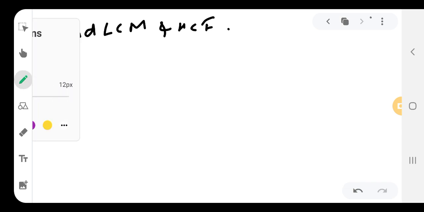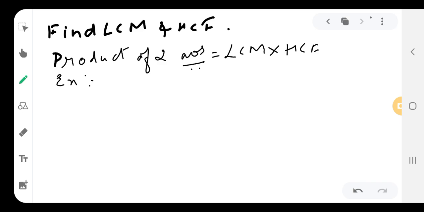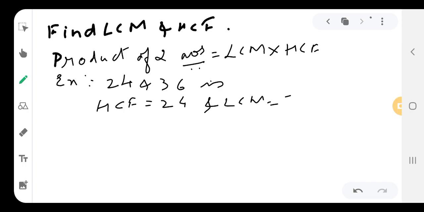So the product of two numbers is equal to LCM into HCF. Example, we will take again 24 and 36. So for these two we got HCF 12, and LCM 72.